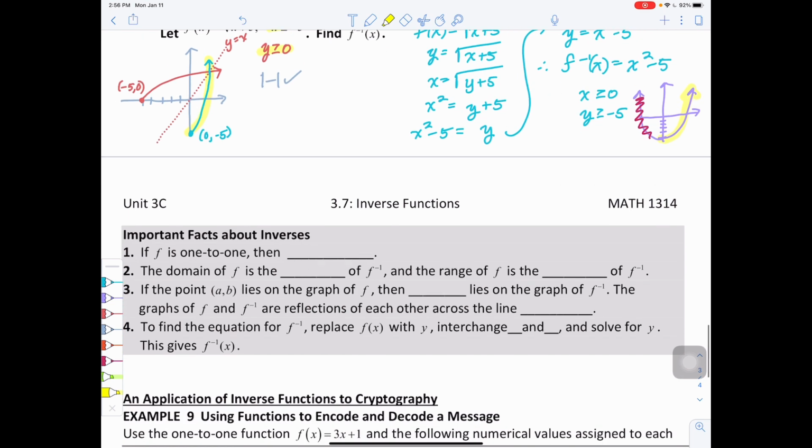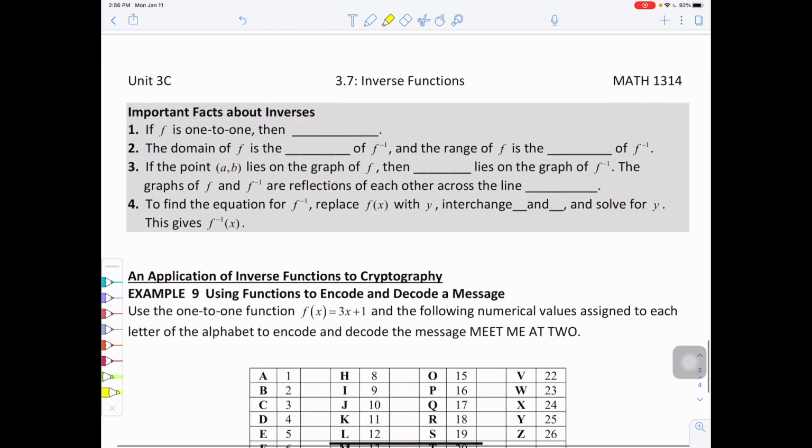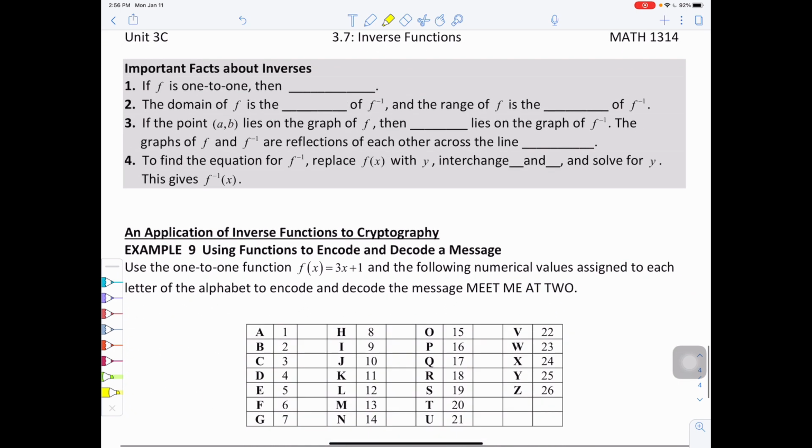Moving on to some important facts about inverses. These are all just a nice review. If f is 1-to-1, then f inverse exists. The domain of f is the range of f inverse, and the range of f is the domain of f inverse.